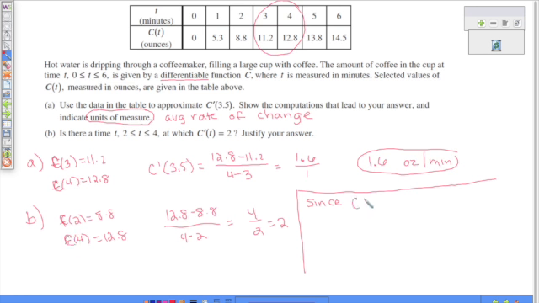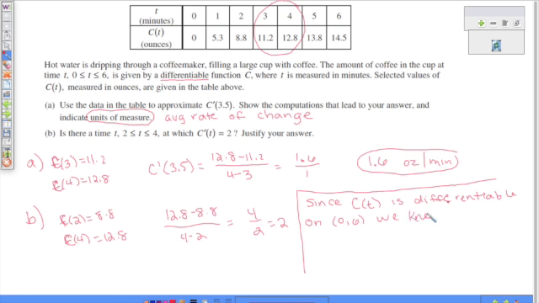So since C of t is differentiable, and you would write this out. I'm not going to write it all out just for space reasons. We know it's differentiable on 0 to 6, and notice how I used an open interval there.